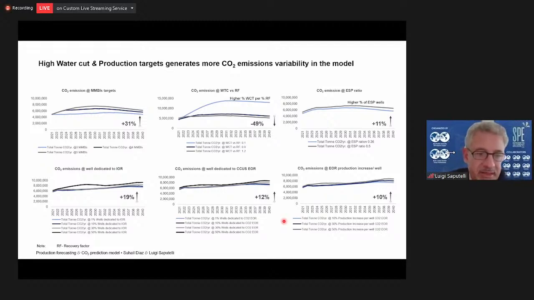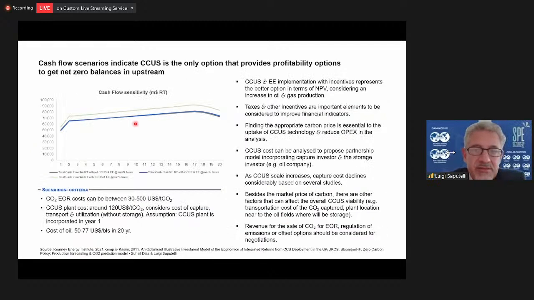In general, if we do CO2 injection, remember the EOR costs between $30 to $500 per ton. In this case, we consider the plant cost at about $120 per ton. And we were using the cost of the CO2 in the range of $40 per ton.